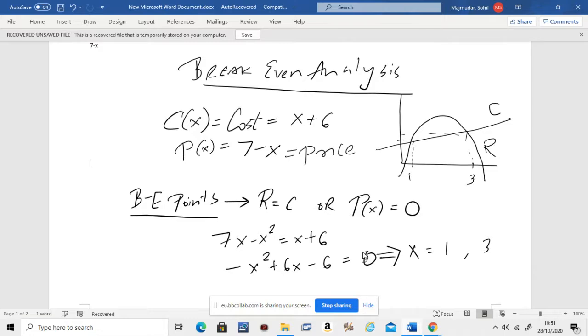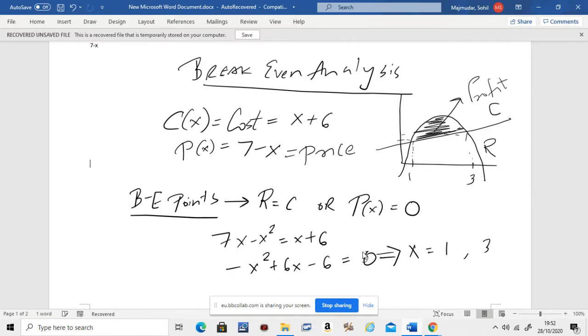Now when your revenue is bigger than your cost, you see this region, the revenue is bigger than the cost. It means in this region you will be making a profit.